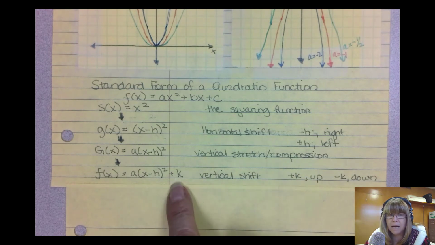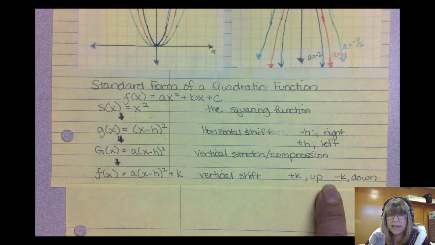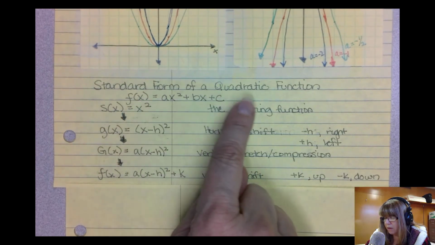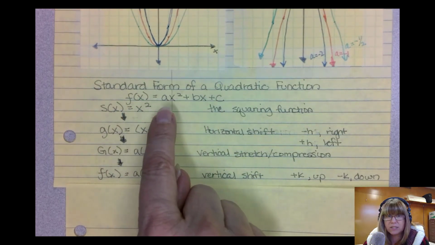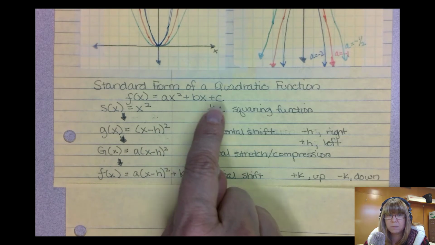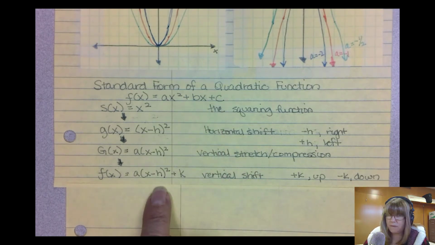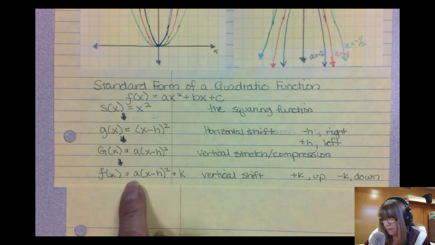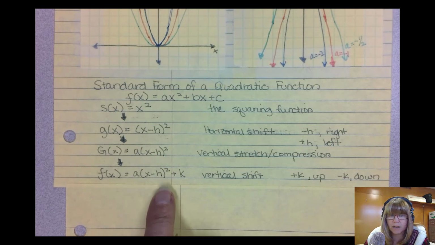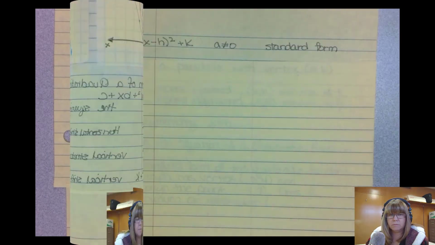If it's a minus k, we shift down. So we can actually look at this standard form of the equation where f of x equals ax squared plus bx plus c. We have a secondary form where we can have a times the quantity x minus h all squared plus k.